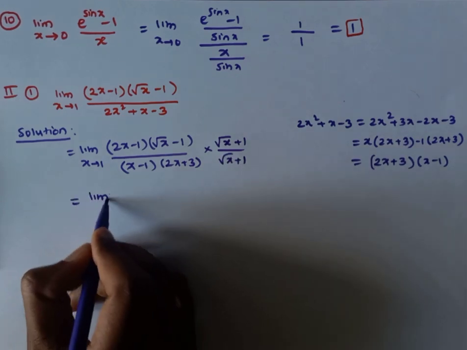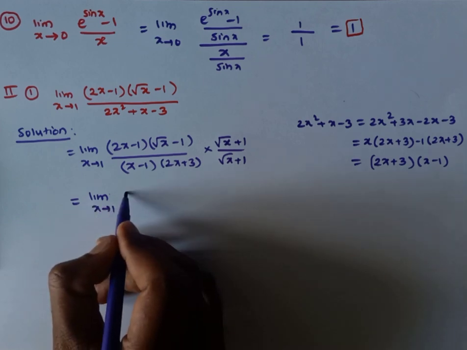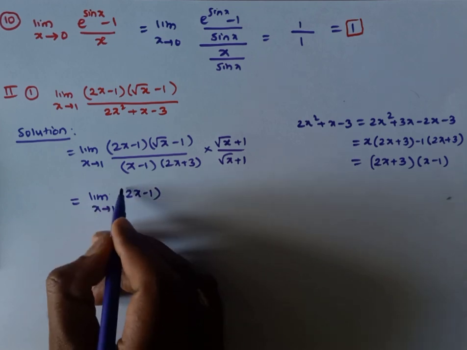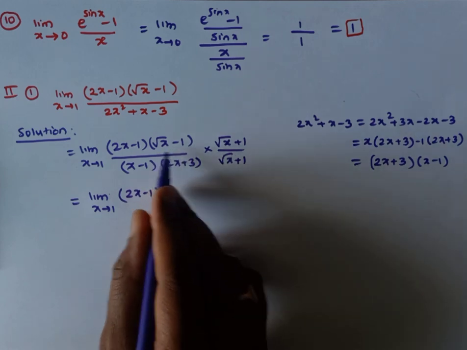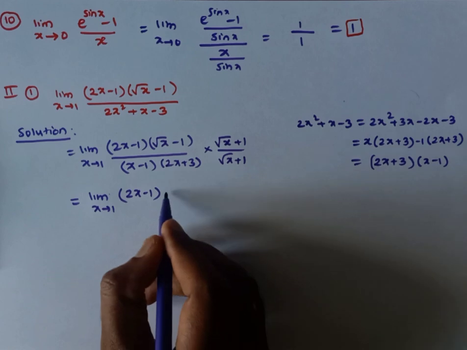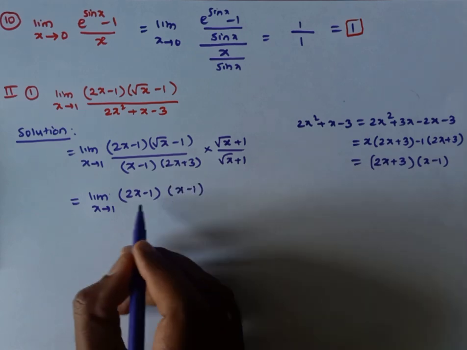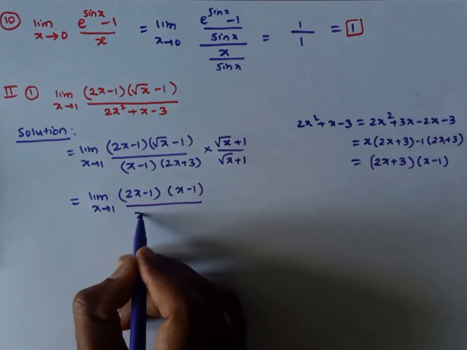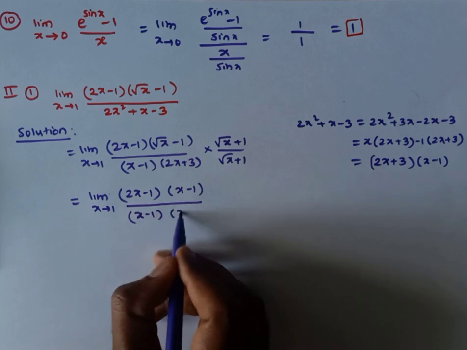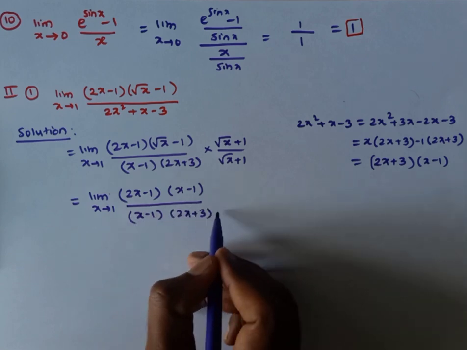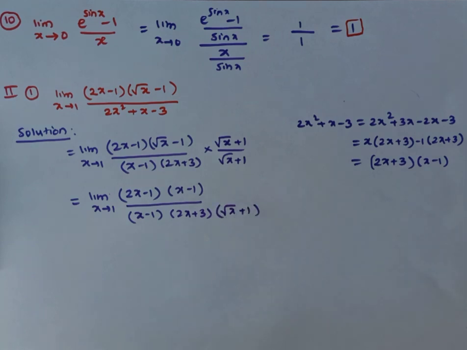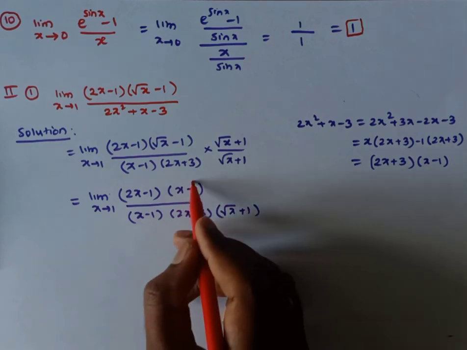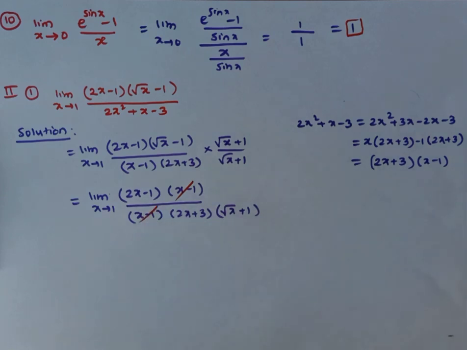So this is limit x tends to 1, (2x minus 1) into (root x minus 1)(root x plus 1), which is a minus b into a plus b, so root x square minus 1 square means x minus 1, divided by (x minus 1) into (2x plus 3) into (root x plus 1). Now we got a common factor, x minus 1, in the numerator and denominator.